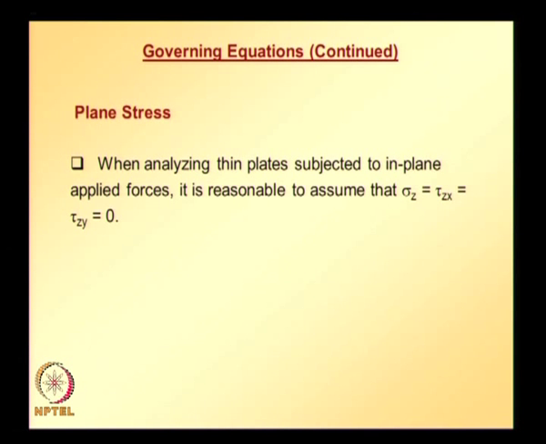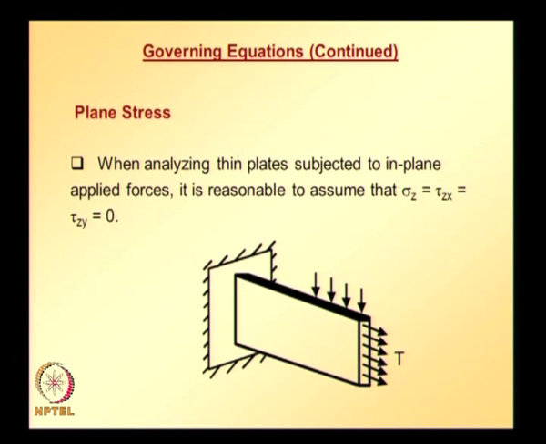When analyzing thin plates subjected to in plane forces, it is reasonable to assume the out of plane stress components are 0, like sigma z, tau xz, tau zx which is the same as tau xz, and tau zy, all these 3 are 0.